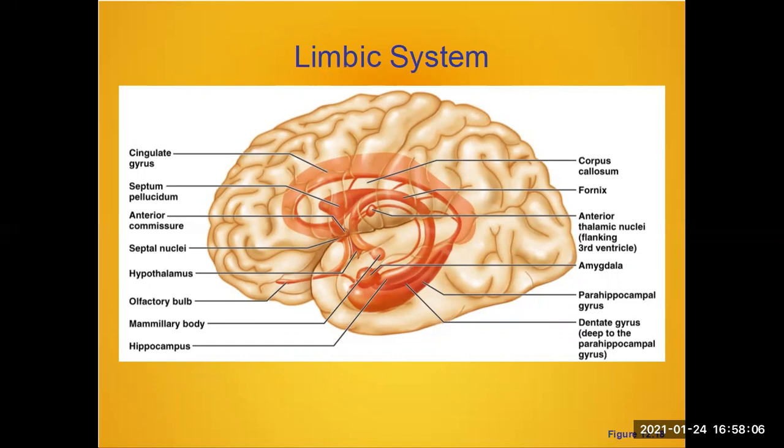Limbic system. Consists of cingulate gyrus, parahippocampal gyrus, amygdaloid body.